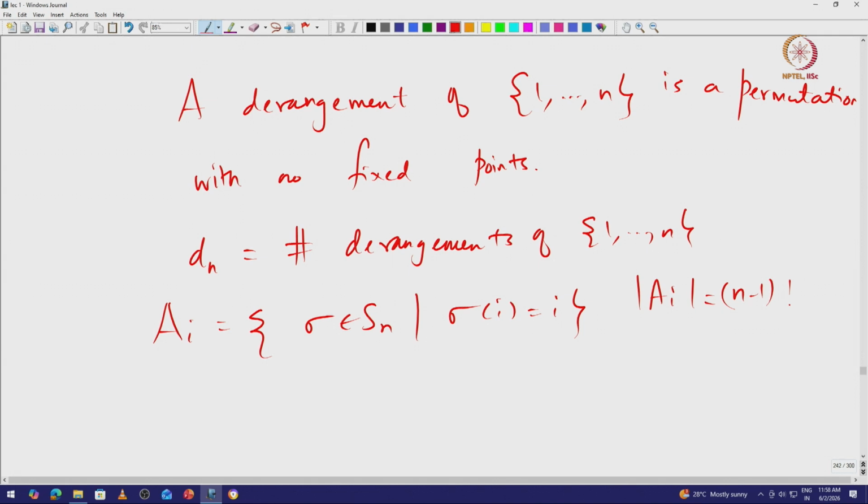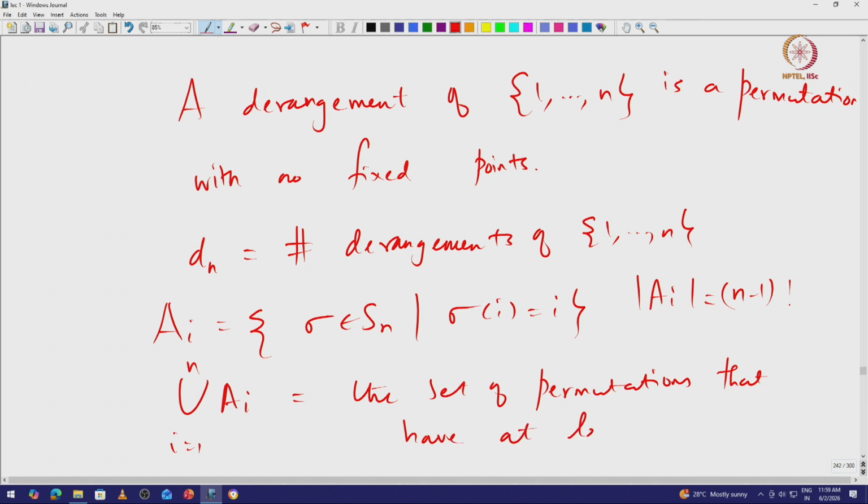Now if we take this union, the union of Ai, i ranging from 1 to n, that is going to be the set of permutations that have at least one fixed point.